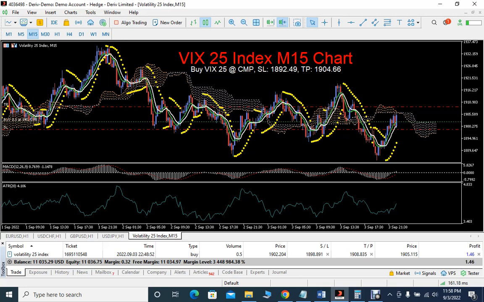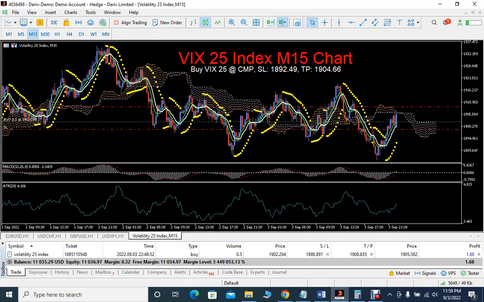Leave the last three digits, which are a pipette, so you just take it to two decimal places. You have to subtract this 4.10 from this price, and whatever it is becomes your stop loss.